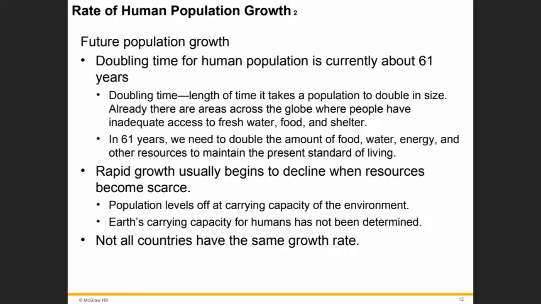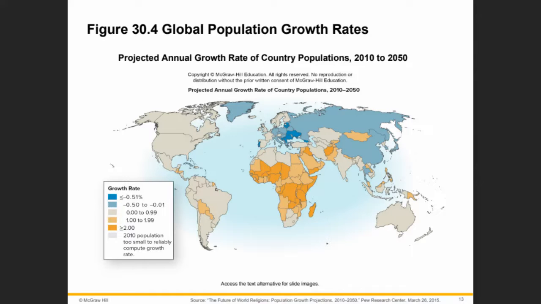Not all the countries have the same growth rate. This map shows the projected population growth rate from 2010 to 2050. The data from the map is as follows.